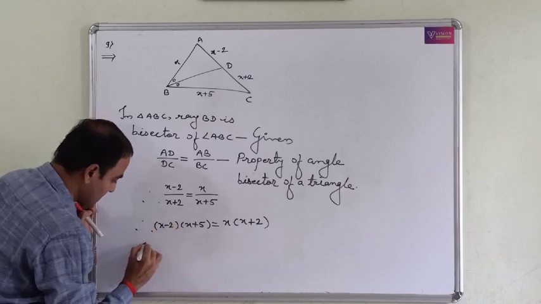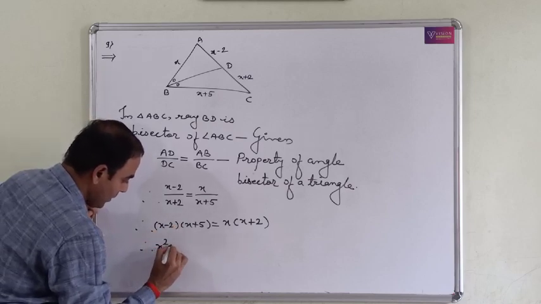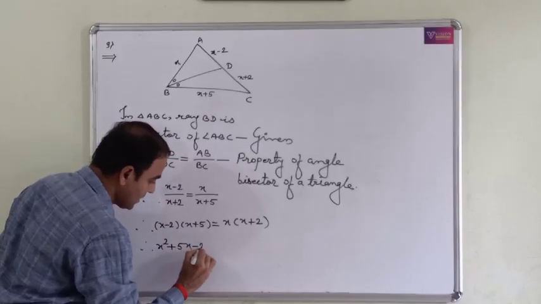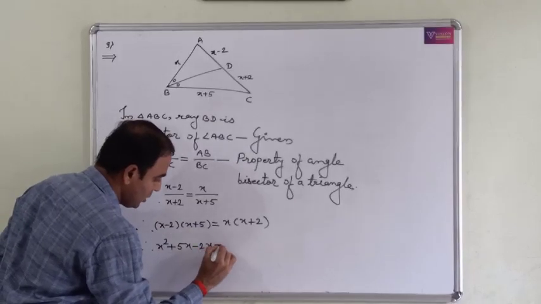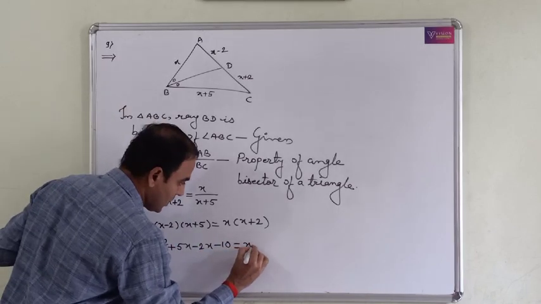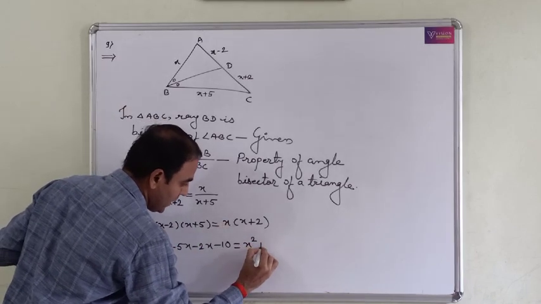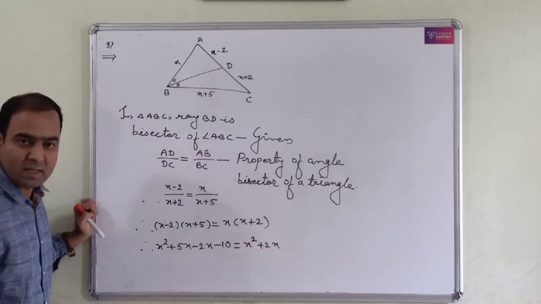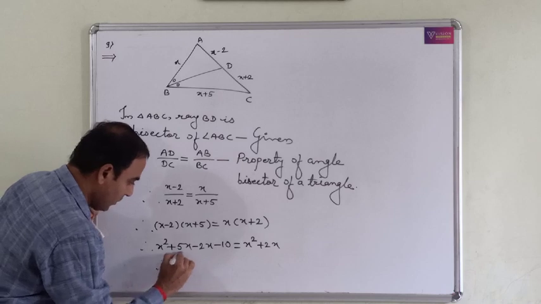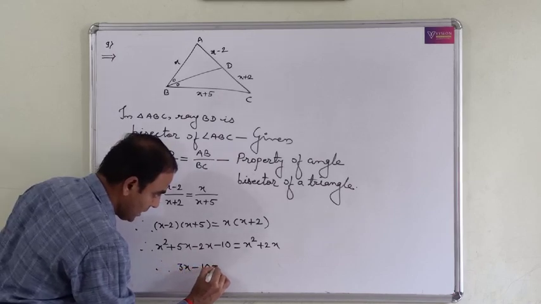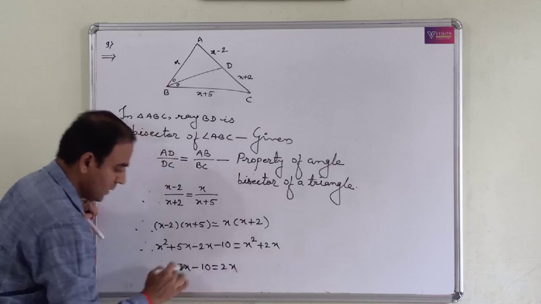So x into x is x square, plus x into 5 is 5x, minus 2 into x is minus 2x, minus 2 into 5 is minus 10, is equal to x square plus 2x. Which term gets cancelled? x square gets cancelled. So you get 5x minus 2x is 3x minus 10 is equal to 2x.